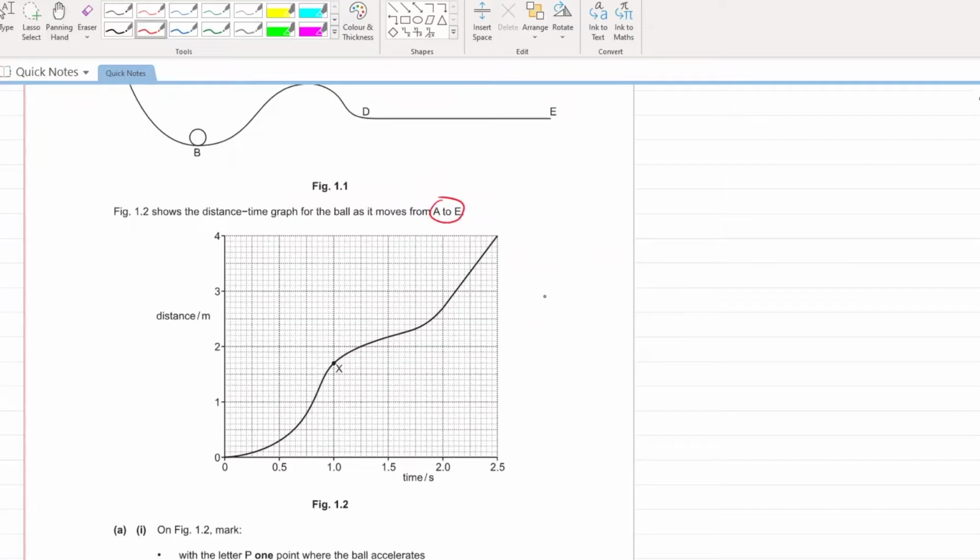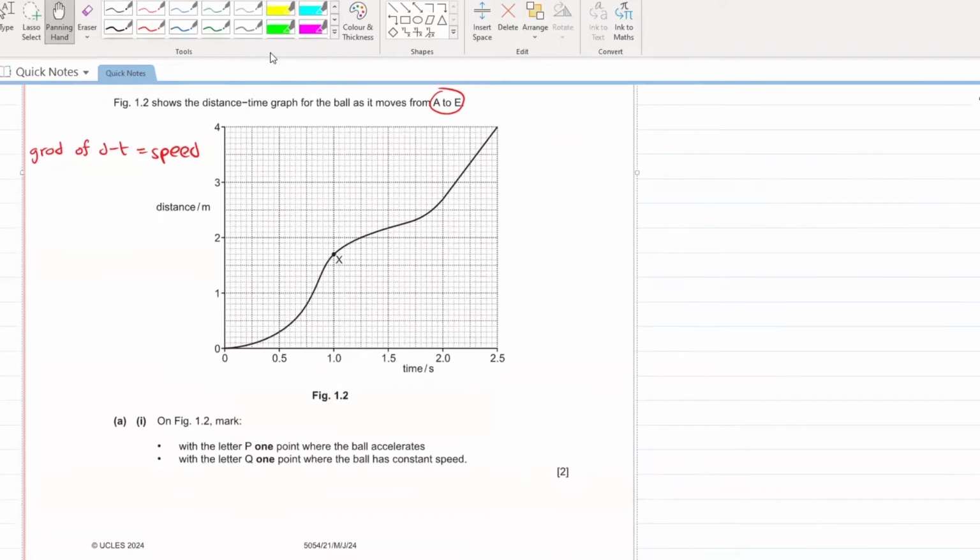First of all, you need to remember the gradient of distance time graph is equals to what? Speed. Out of the entire graph, can you see any part of the graph where the gradient is increasing? Yes, this part of the graph.